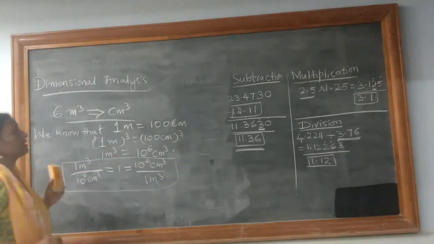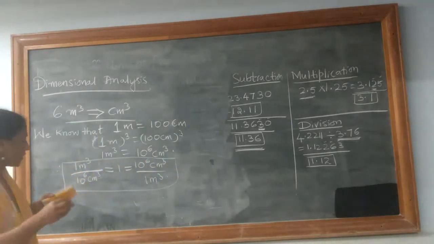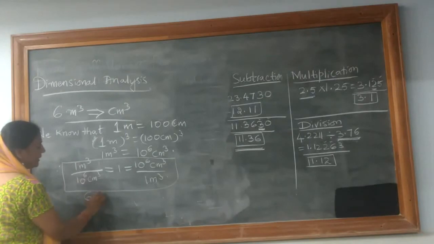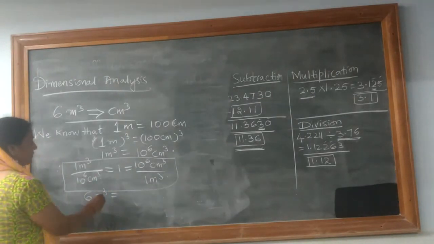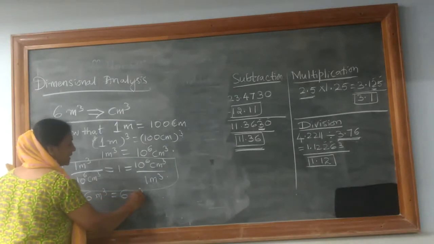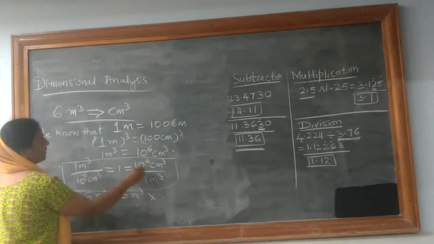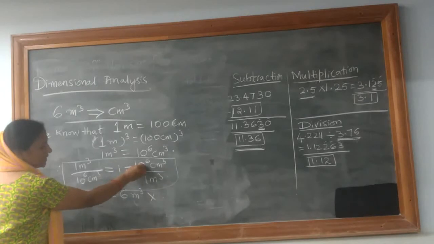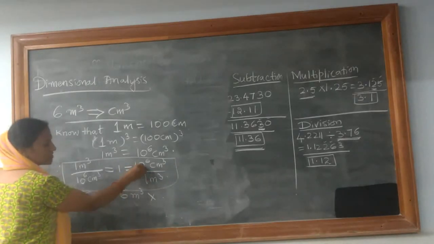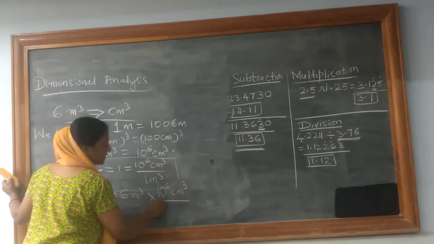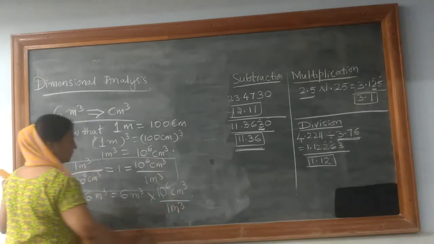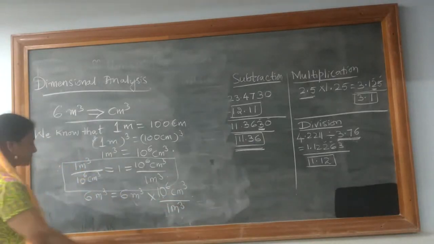Now what is given in the problem? You should convert 6 cubic meter in terms of cubic centimeter. So it will be 6 cubic meter into, out of these two, the required answer is in terms of centimeter cube. So you use this conversion factor, 10 raised to 6 cubic centimeter divided by 1 cubic meter.